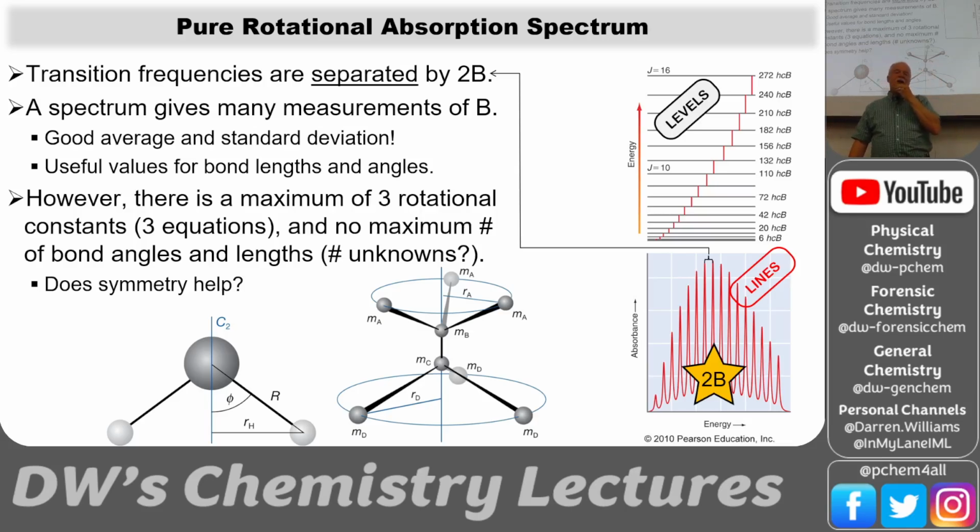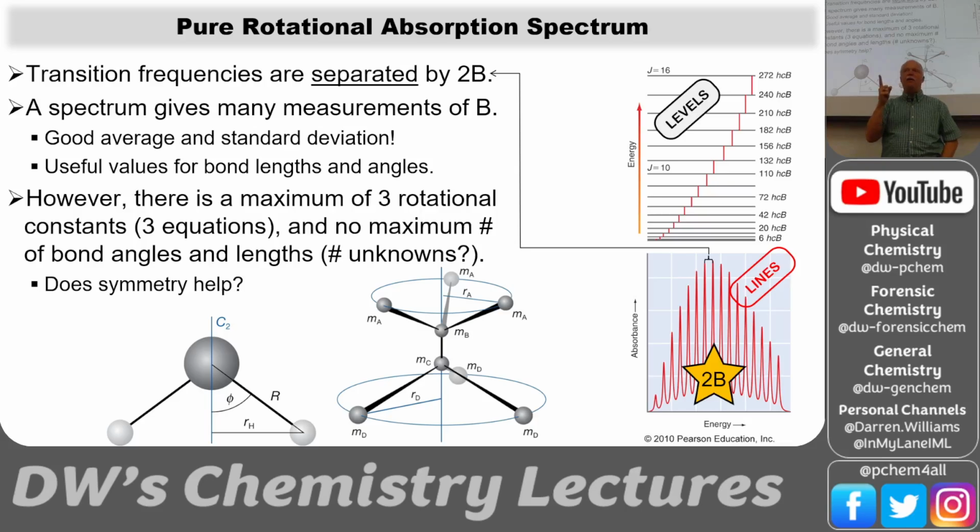Okay. So there's no maximum number of bonds, angles, and bond lengths. Okay, but symmetry does help because you could say that all 3 of these distances are the same if the molecule is symmetric and so on. So you might be able to come up with only 3 unique variables in a larger molecule if it's very symmetric. Like you could say if benzene, all those carbon bonds have the same bond length, then all you need to do is solve for the carbon-carbon bond length, and it's the same for all 6 of them, and the same for the carbon-hydrogen bond length.